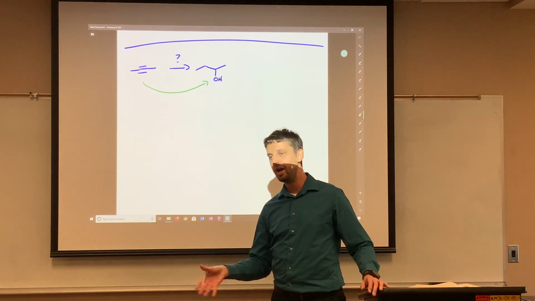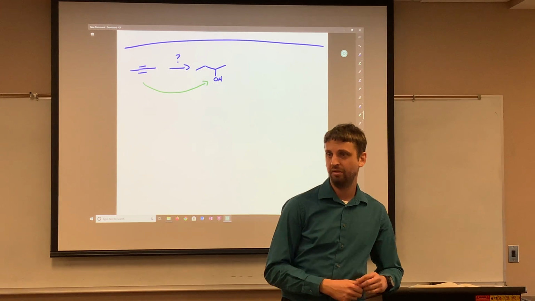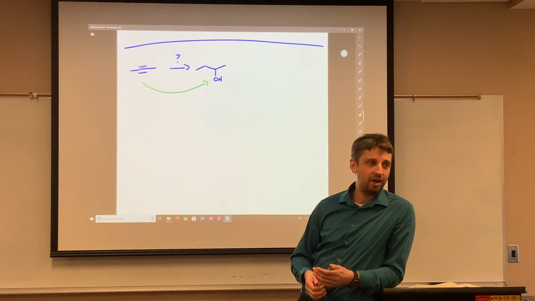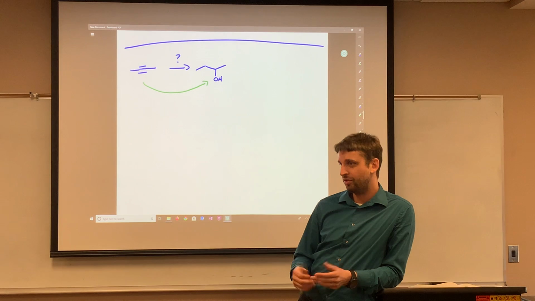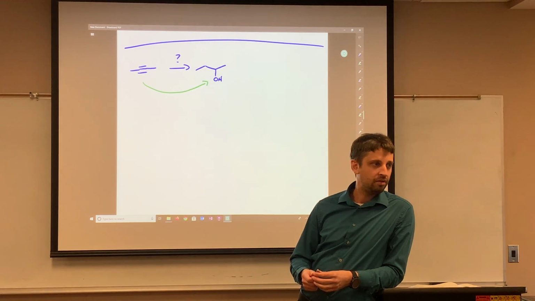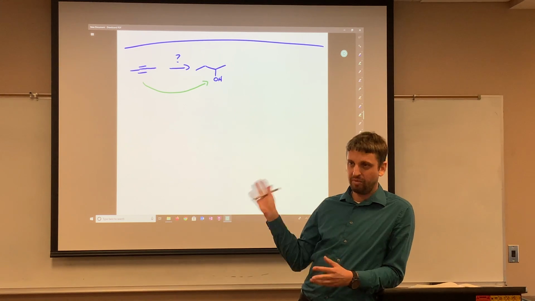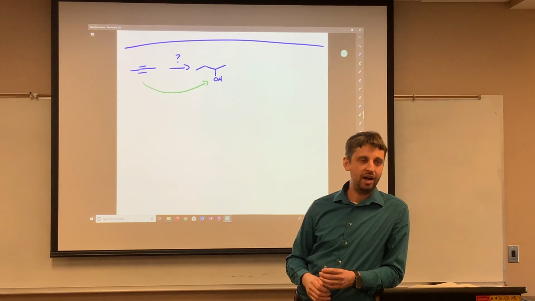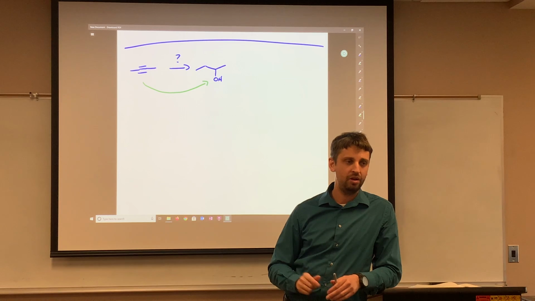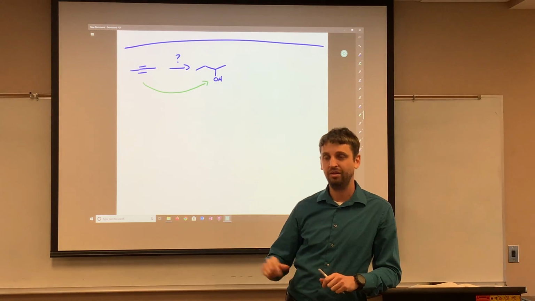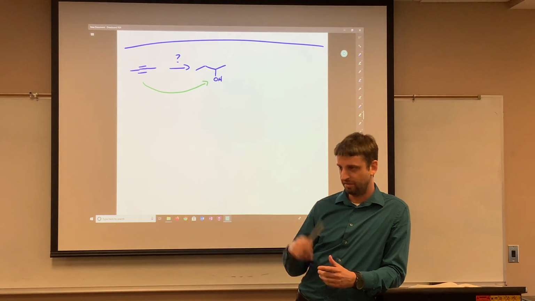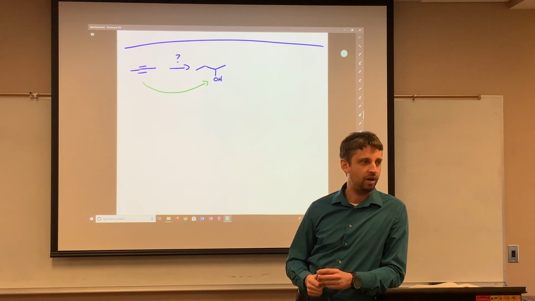If we try to hydrate an alkyne, it's going to end up as some kind of carbonyl, okay? Do you guys see what I mean by that? We can't directly hydrate an alkyne and expect it to end up at the alcohol yet. We'll learn a couple of reactions next semester on how to do that though.